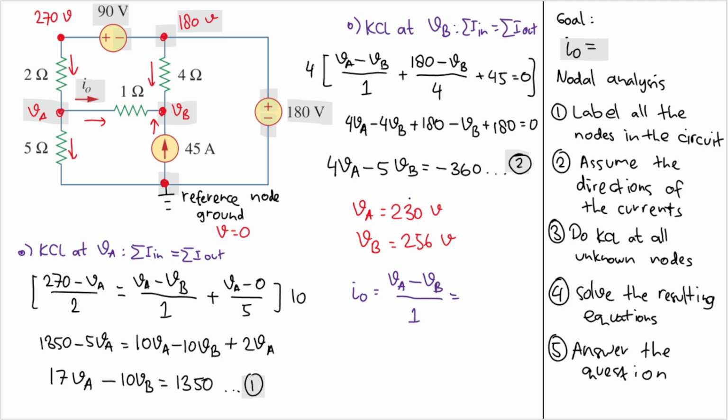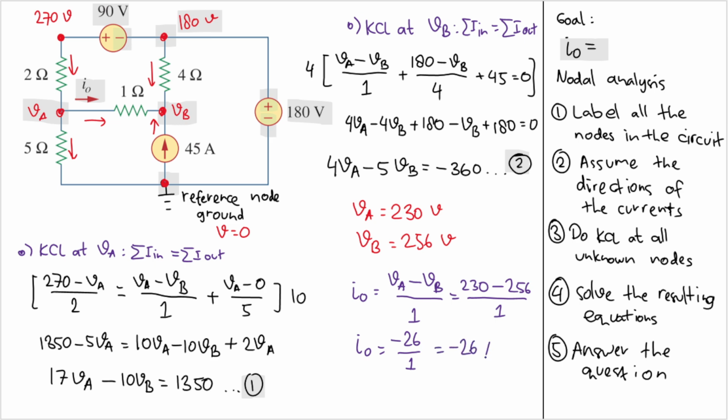So we will have VA here is 230 minus this one here is 256, and then divided by 1. So I have IO here, 230 minus 256, that will be minus 26 divided by 1. But dividing by 1 is not gonna change the numerator. It is an identity element, so we will have minus 26.